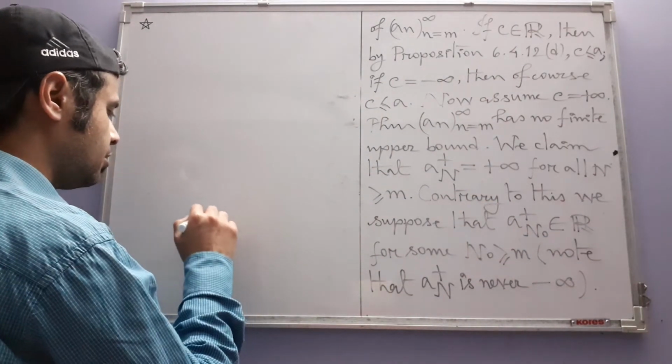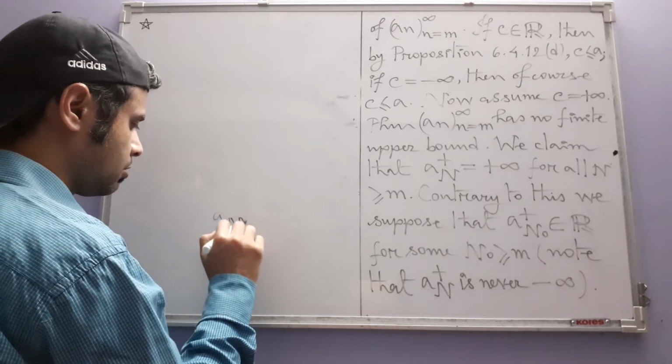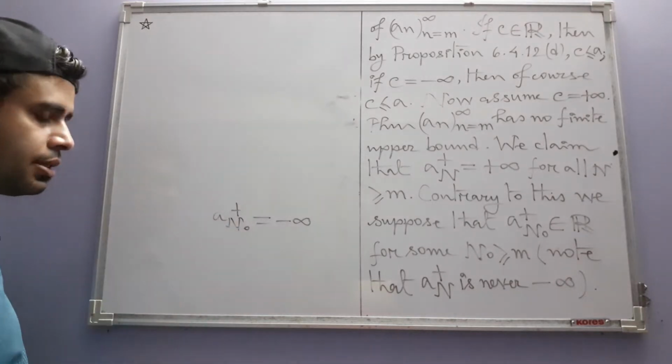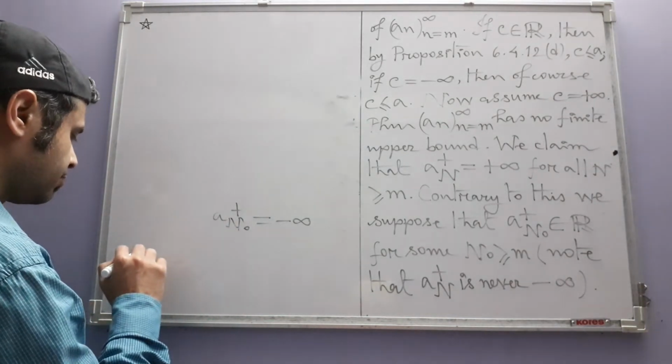Suppose your a n naught plus itself is minus infinity. What is a n naught plus by definition?